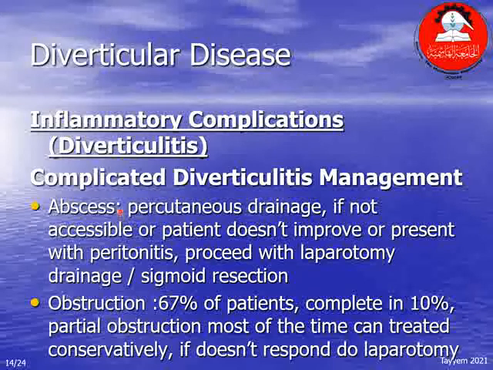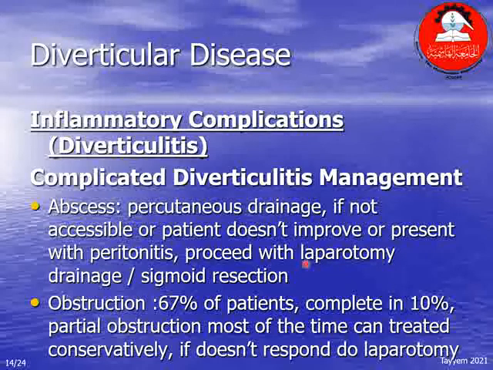People with abscess, we said that percutaneous drainage is very helpful. If it is not feasible or the patient's condition does not improve, then you need to think about doing laparotomy with or without sigmoid resection.